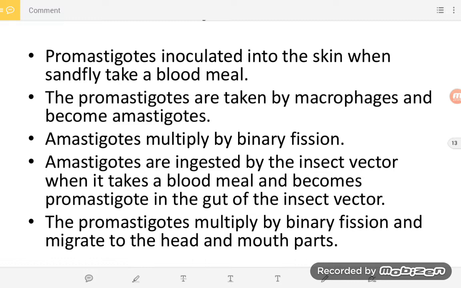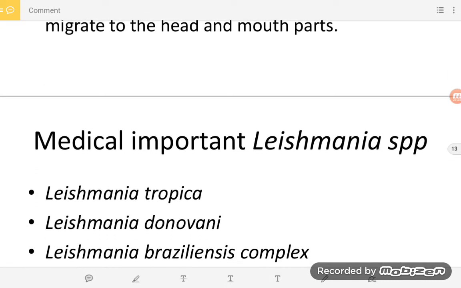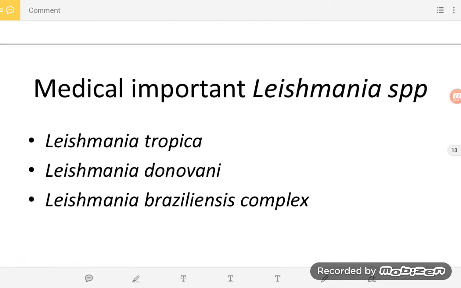So here again, inside the vector, these amastigote forms become promastigote forms. The promastigote forms multiply by binary fission and migrate to the head and mouth parts. This is the life cycle of Leishmania species. This is common for all the Leishmania species.